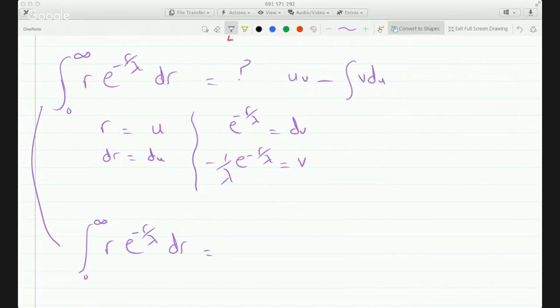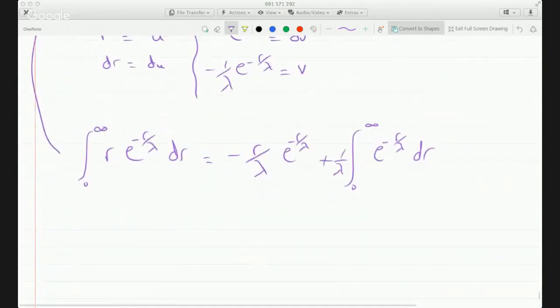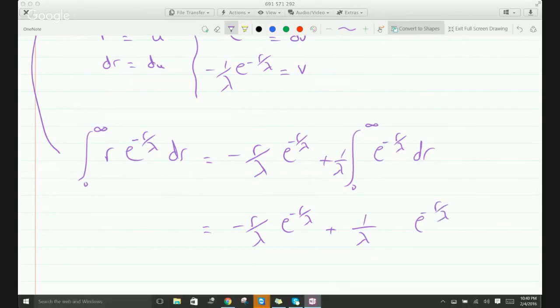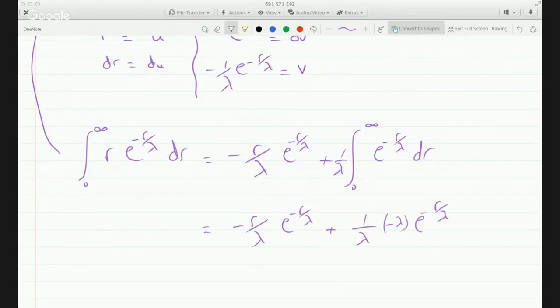So 0 to infinity of r e to the minus r over lambda dr is equal to uv, so minus r over lambda e to the minus r over lambda, minus the integral of v du. So this becomes plus 1 over lambda e to the minus r over lambda dr from 0 to infinity. And there's another e to the minus r over lambda, and we divide by the chain rule, so we multiply by minus lambda to integrate.